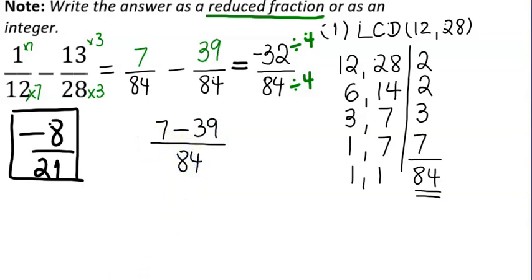Because you keep the denominator and do this operation on the numerator. Now your 7 is positive and your 39 is negative. When I have addition of two numbers with different signs, you subtract the numbers and keep the sign of the bigger one.